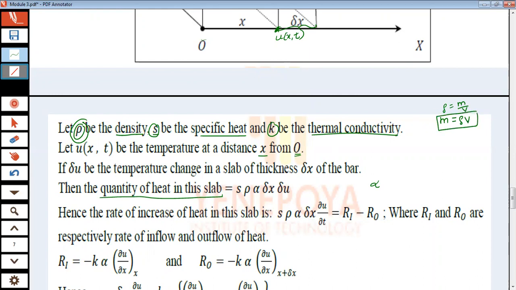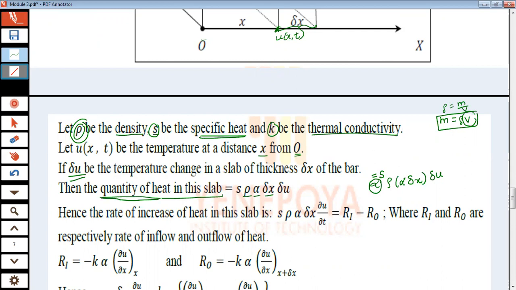Here volume is nothing but area times delta x, the thickness, times the change in temperature, that is delta u. And this proportionality constant is taken as S, that is nothing but the specific heat.